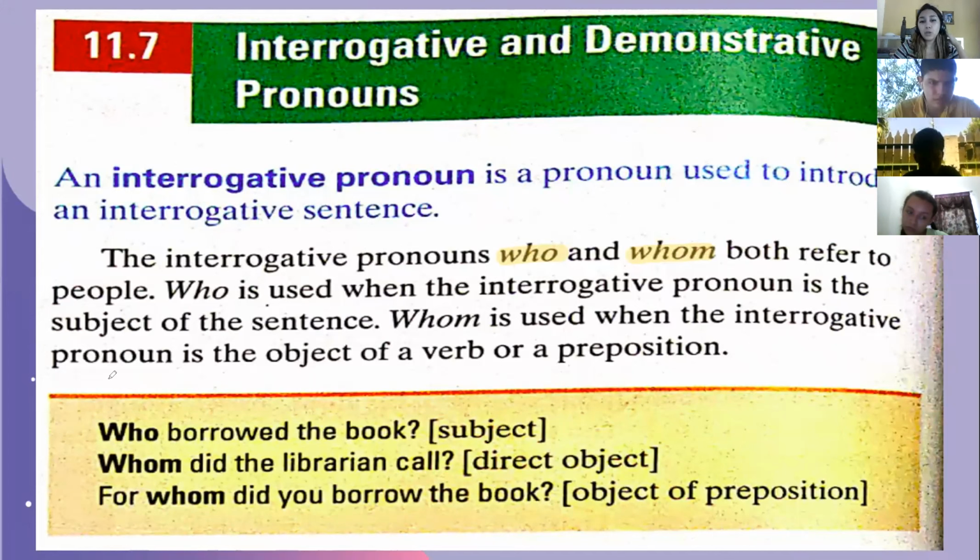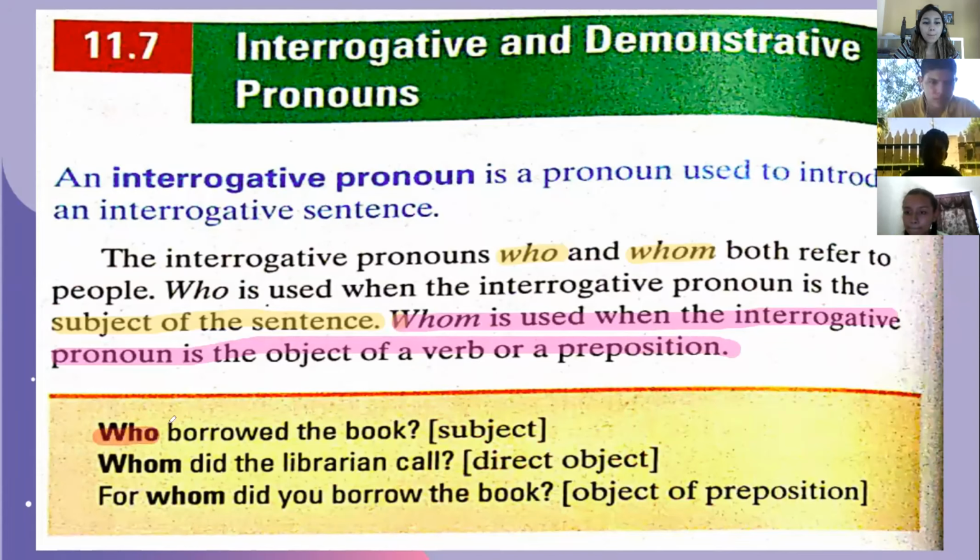Now, who is used when the interrogative pronoun is the subject of the sentence. Okay, who is when we use subject. And whom is used when the interrogative pronoun is the object of a verb or a preposition, as I tell you. For example, we have some examples here.